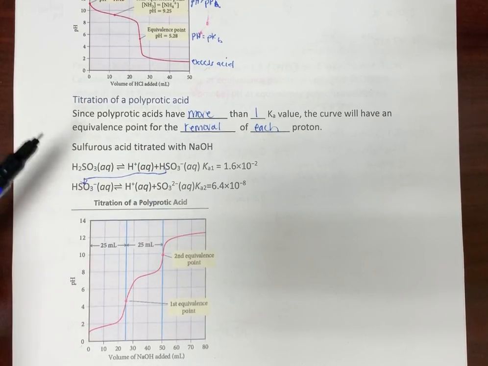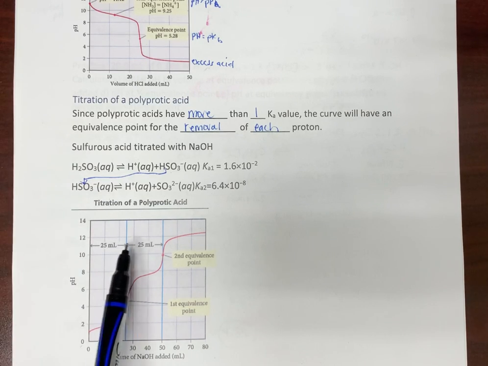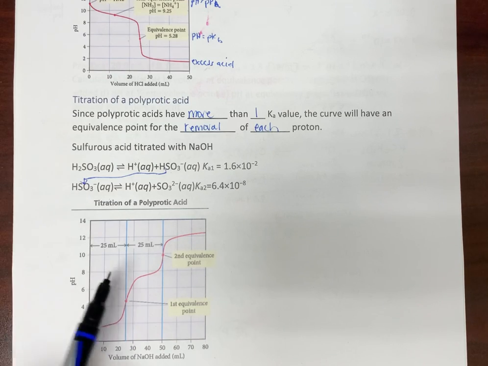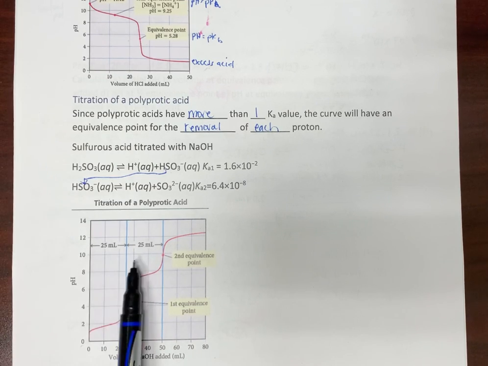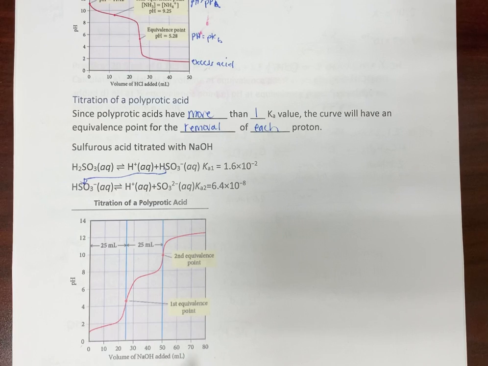Now, if you were to run a titration calculation, you would calculate that it takes the same amount of base to remove each proton, but the pH difference is going to change a lot.